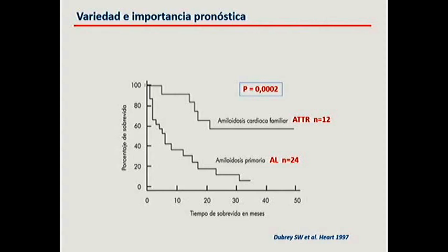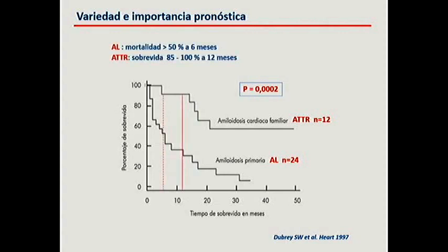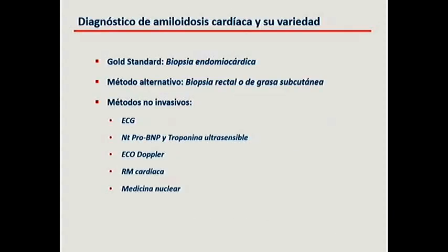AL is engaged with a worse and ominous process. It has a 50% mortality rate at 6 months, the light chain, and ATTR has a higher survival rate.